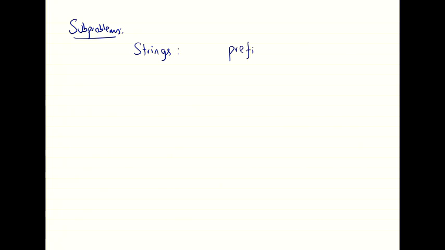You can think about prefixes, or you can think of suffixes. If you have a pair of strings, x and y, or a triple of inputs, then it's usually good to think about product constructions.